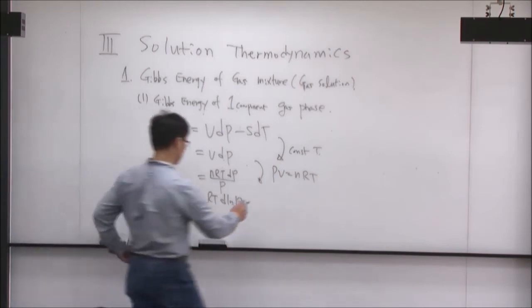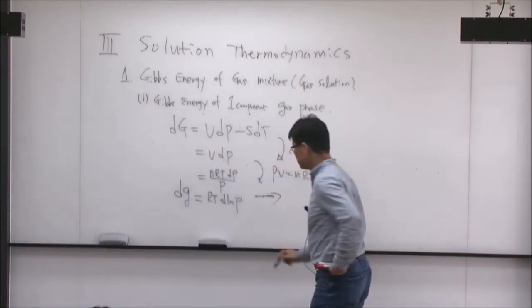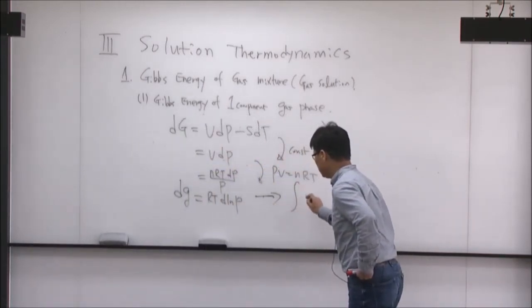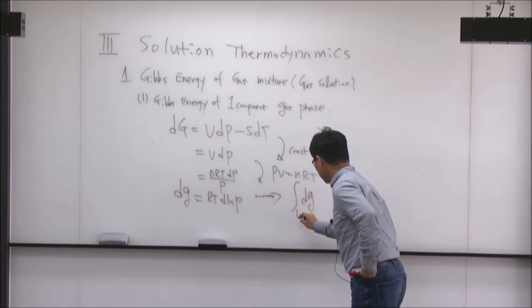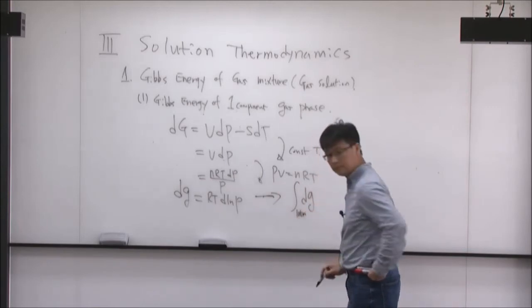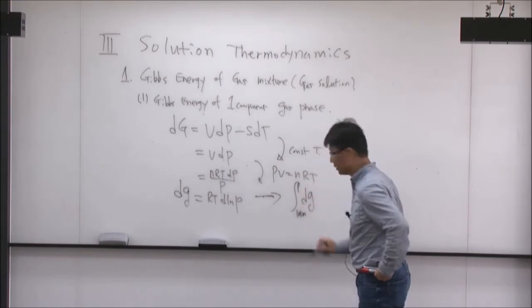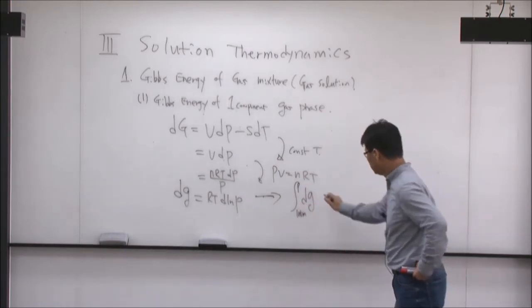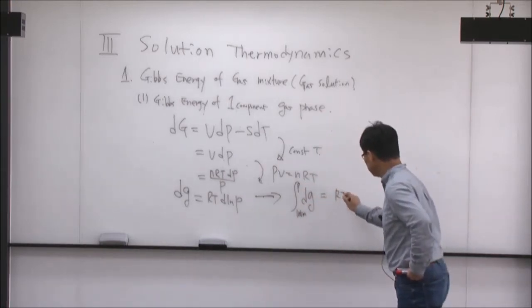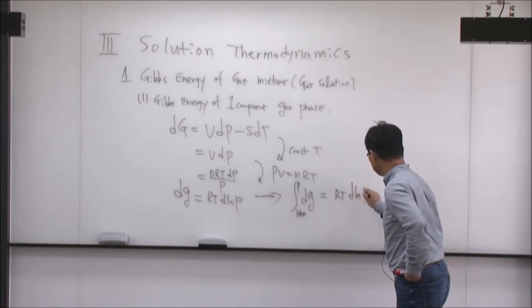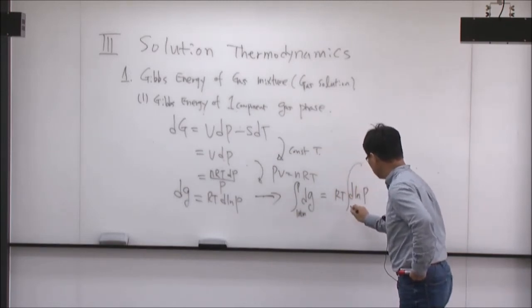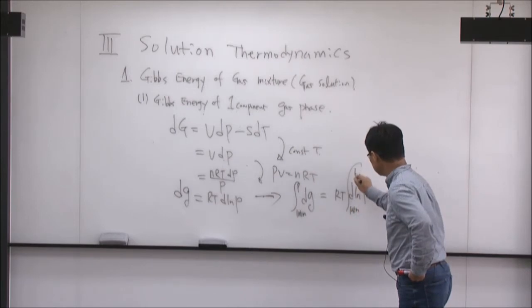Now, integrating dg from 1 atm to a certain pressure equals RT d ln P integrated from 1 atm to the certain pressure.